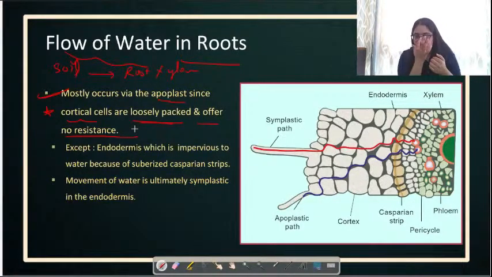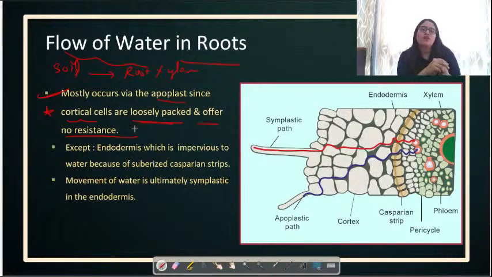The substance suberin is impervious to water. So when the water reaches the cells of the endodermis, the water molecules along with the minerals are bound to leave the apoplastic pathway, and they strictly follow the symplastic pathway in order to reach the root xylem.